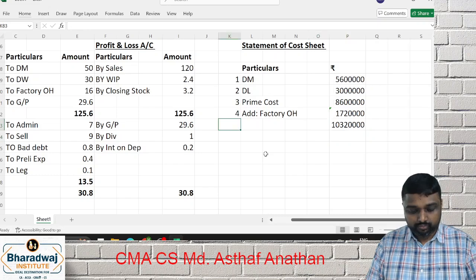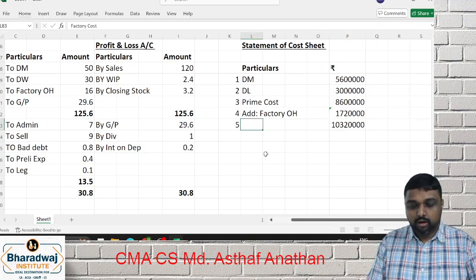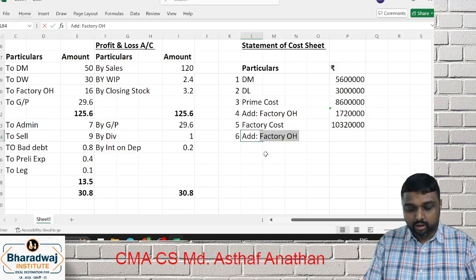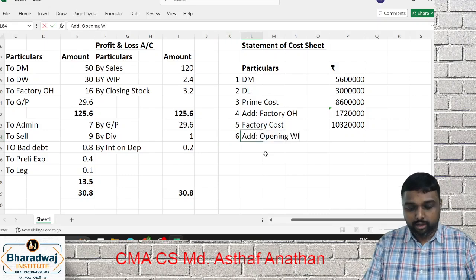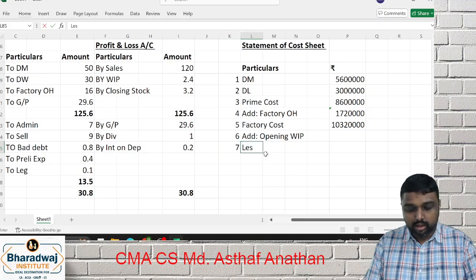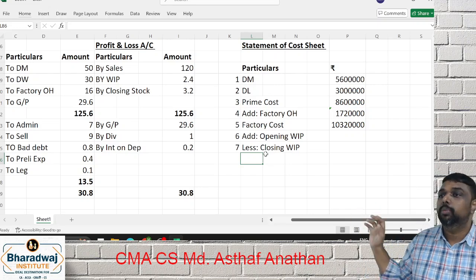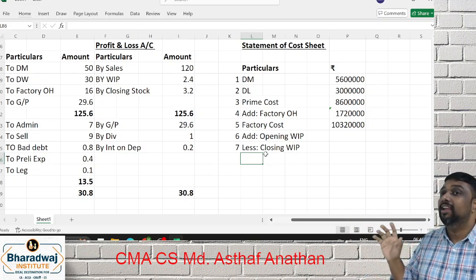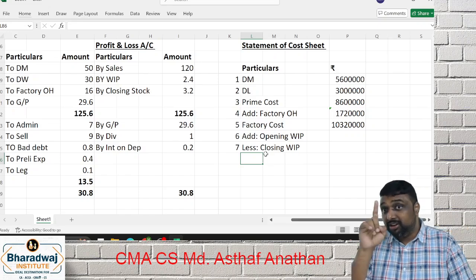Now you have to add an opening WIP. There is no opening WIP, but there is a closing one. My dear friends, for your information, financial and costing both value WIP at cost only. So both values will remain the same for WIP.